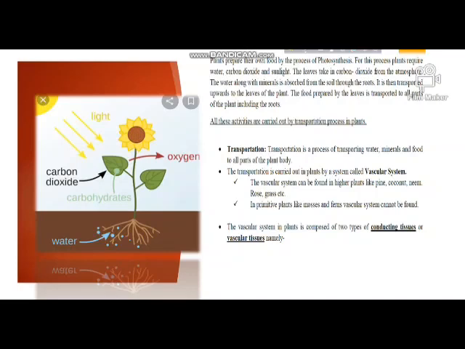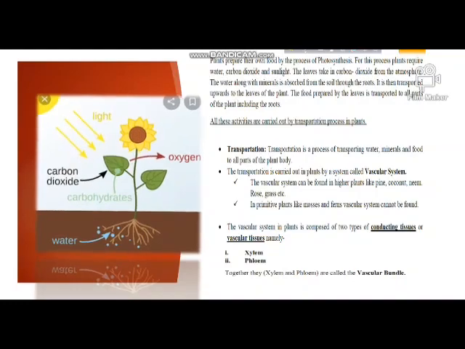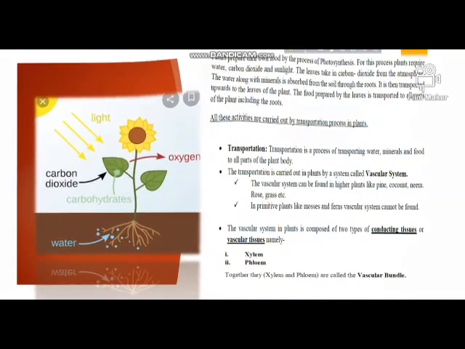The vascular system in plants is composed of two types of conducting tissue, or vascular tissues, namely xylem and phloem. Together they form the vascular bundle. Here's the xylem and that's the phloem.